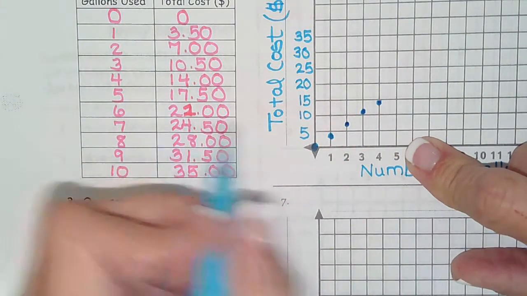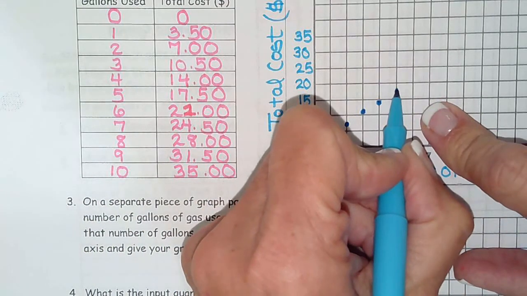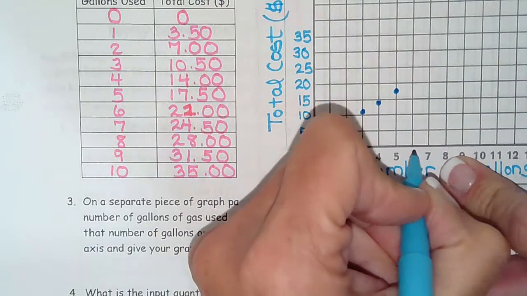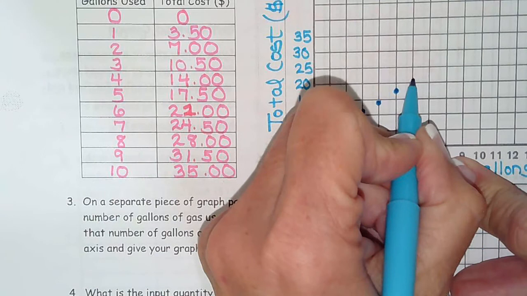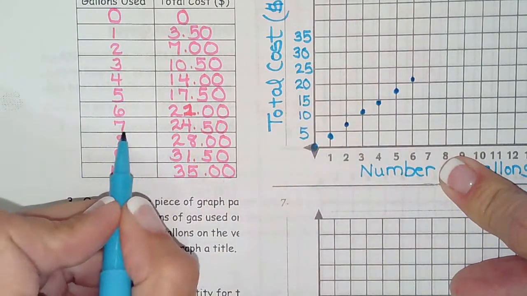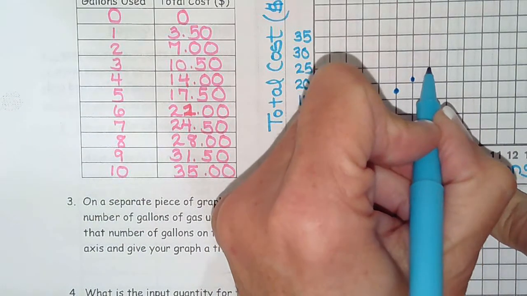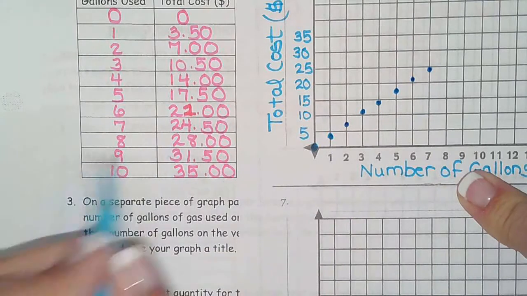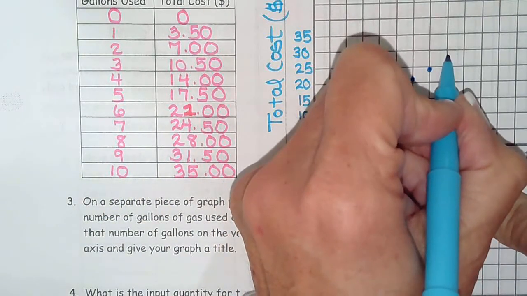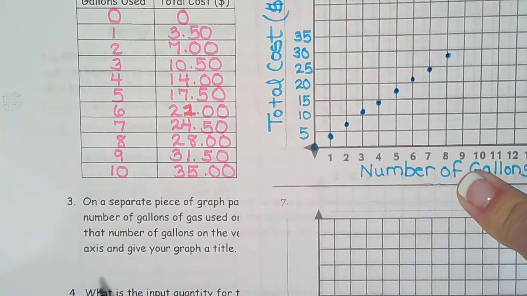5 goes with 17.50, so 17.50 would be right in the middle of 15 and 20. 6 goes with 21, so we'd just be barely above 20. 7 goes with 24.50, which is just barely below 25. 8 goes with $28, which would be a little over half, because 27.50 would be in the middle, so that would be 28 about.